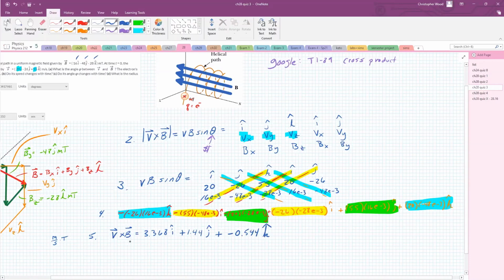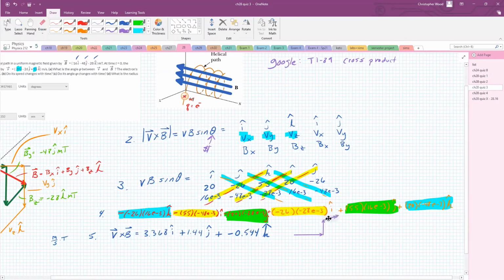So this is V cross B. It's a vector, just some vector. I have an I hat component, I have a J hat component, and I have a K hat component. So that's it.